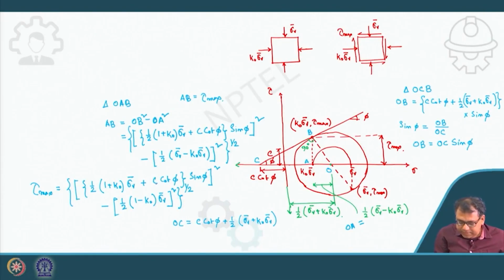Now in our case, in the tau max expression, C is 0. So C cot phi will not exist because C is 0. I have developed a general expression, but in our case C is equal to 0, so the expression will be simple.